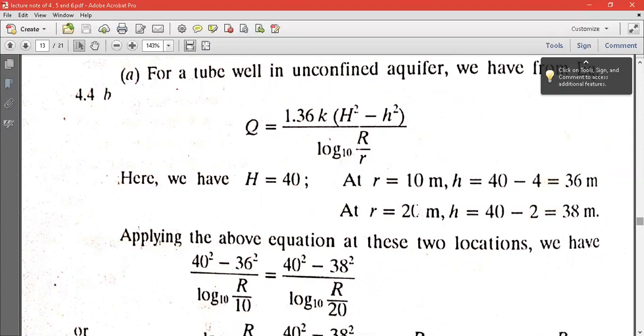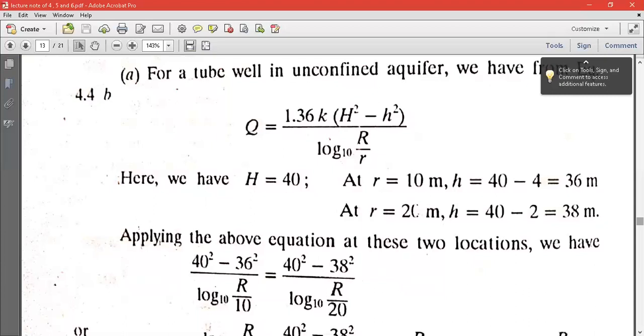Two equations we are getting from the Dupuit's formula, from case 1 and case 2. What is case 1? When r equal to 10 meter, the discharge value is (40 square minus 36 square) divided by log 10 R by 10. Again, in case 2, when r equal to 20 meter, the discharge value is (40 square minus 38 square) by log 10 capital R by 20.